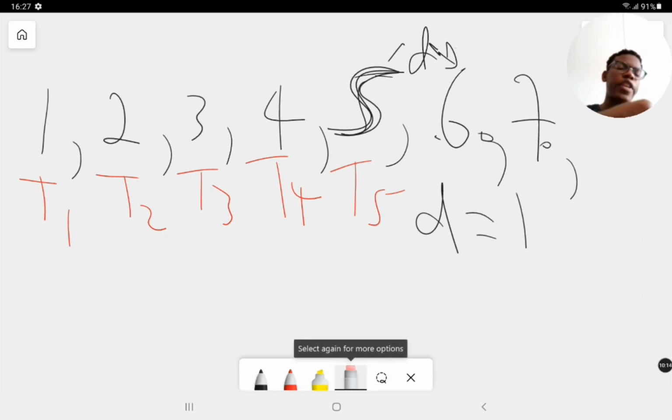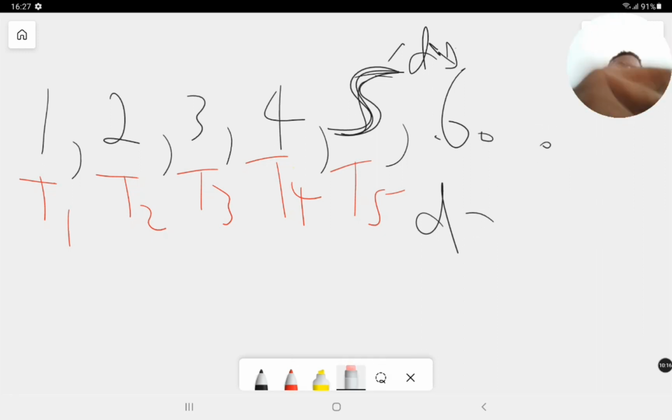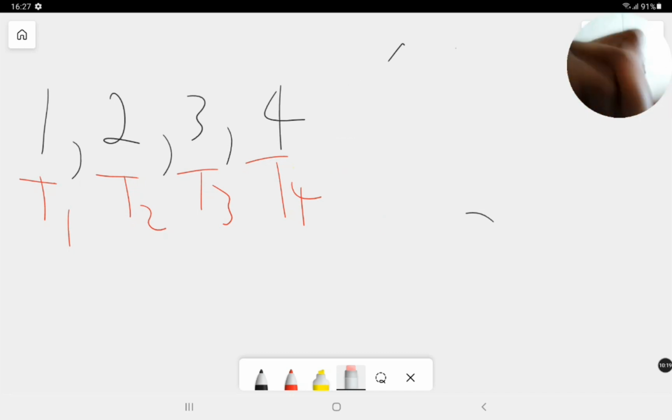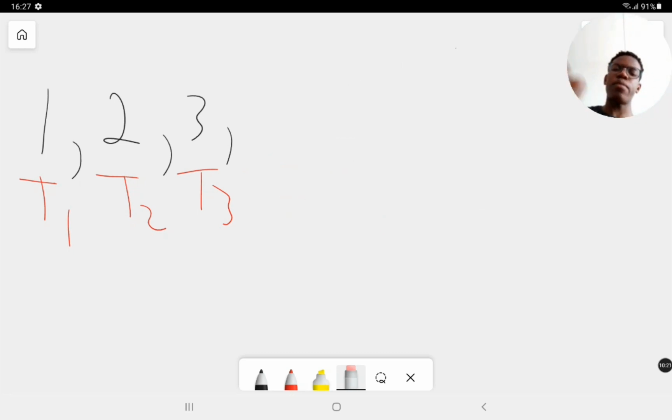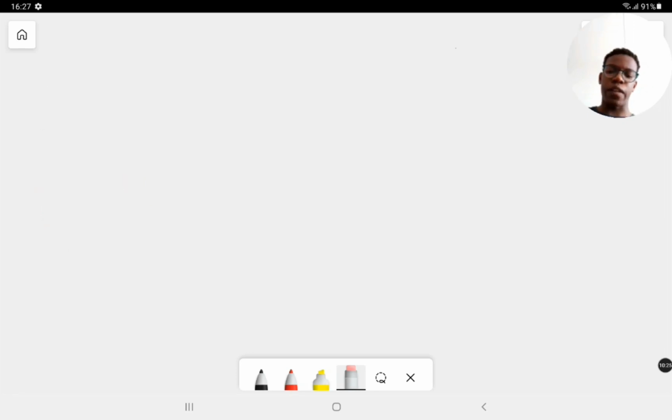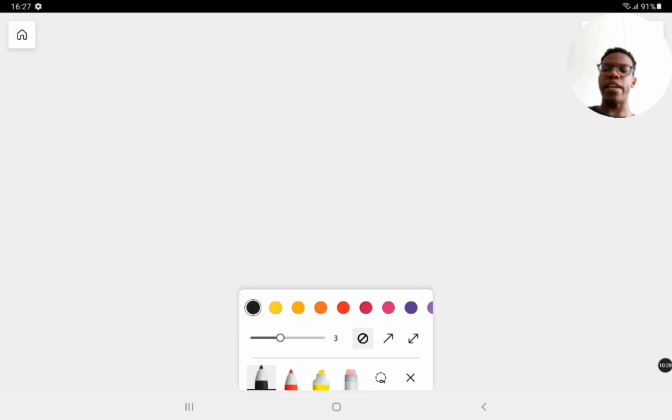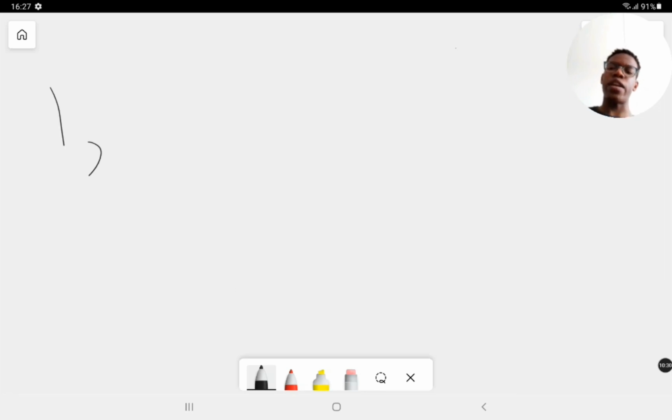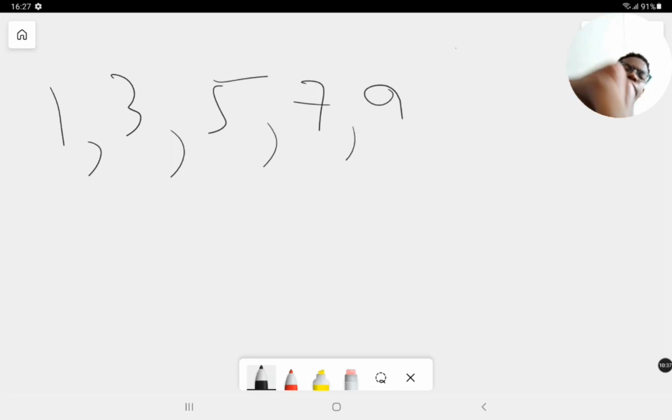Okay, so easy, right? Now, let's complicate it just a little more. Let's say you had this sequence. You had 1, then you had 3, then you had 5, then you had 7, then you had 9, then you had all these other numbers going on ahead. Now, what would you do to determine the number that follows 9?